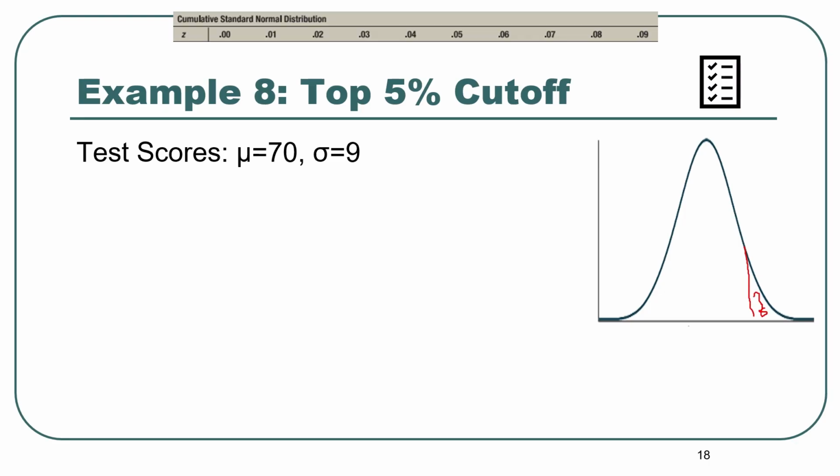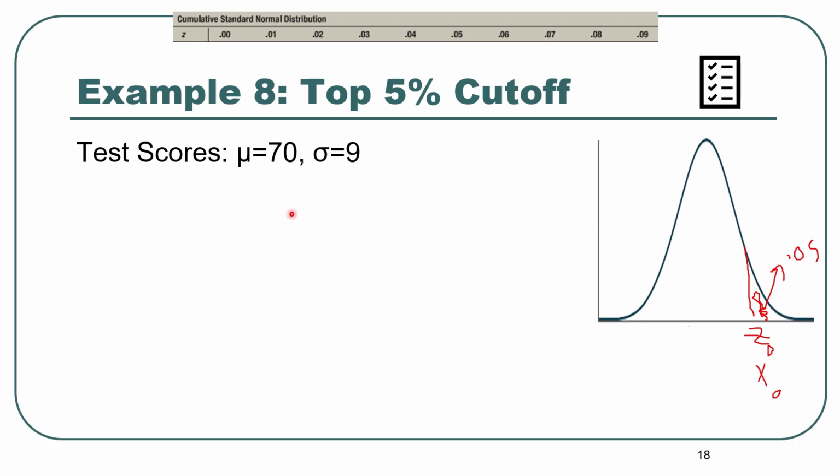This is the top 5%, so this area is 0.05, and I want to find the value here, which is z naught, and at the same time it is actually your x naught, the score you want. In standardized units it's z naught, and this is what we are going to get from the table, and then using our formula to transform it back to x naught.